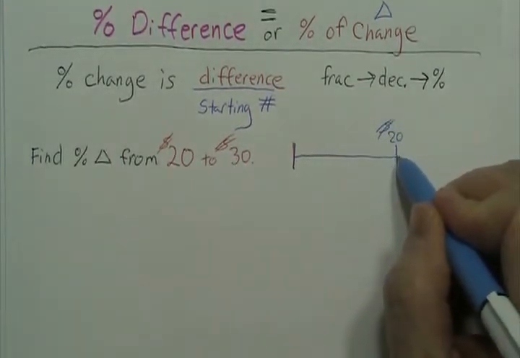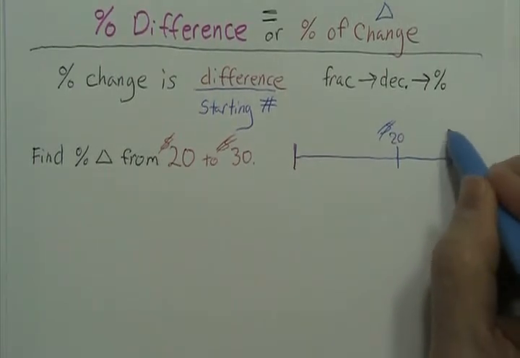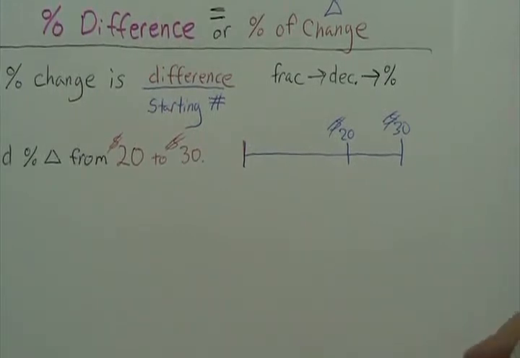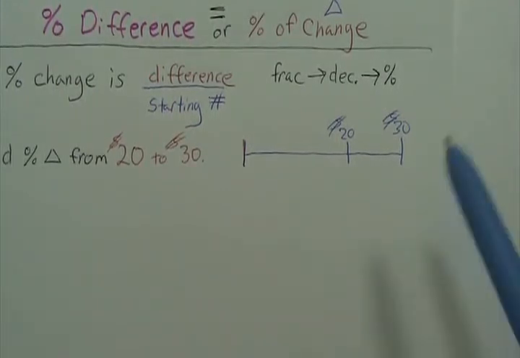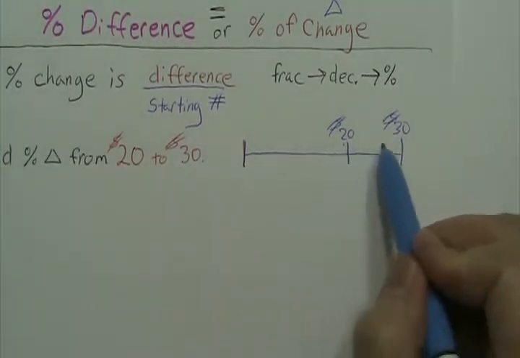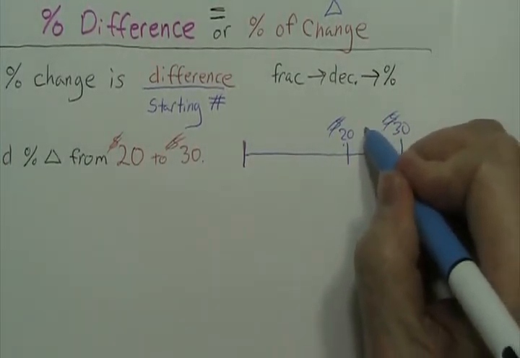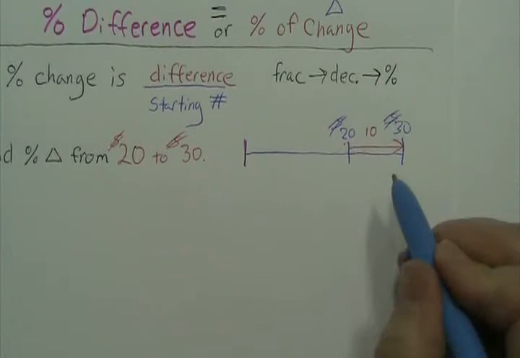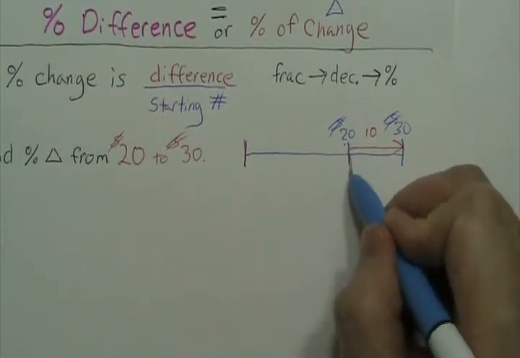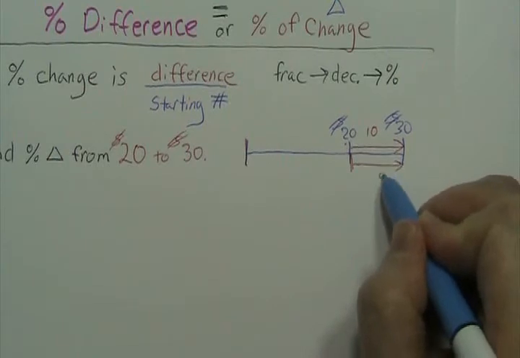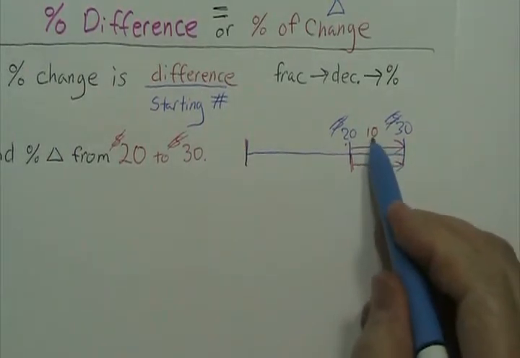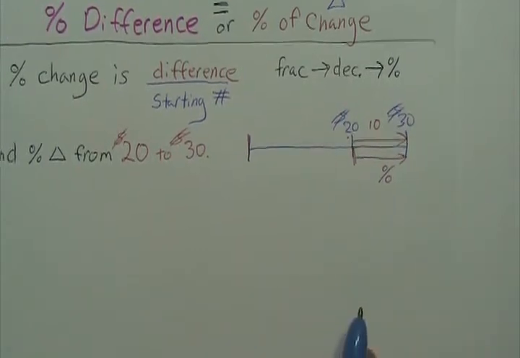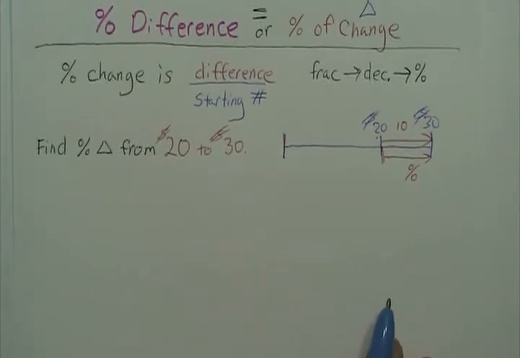That's $20. Then it's going to go to $30. Well, first of all, how much is it from $20 to $30? That's $10, right? So from here to there, it went up by 10. The question is, what percent is that? Out of 20, what percent is it? How much did it rise out of $20? That's what we're looking for.